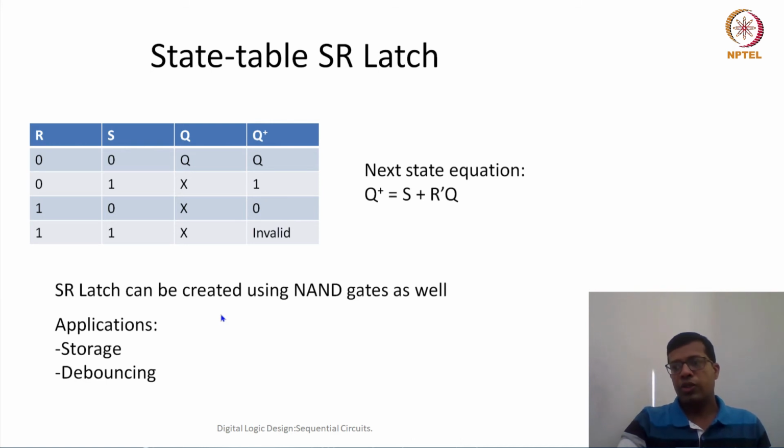We can design a switch such that if it is connected to R, although it can keep fluctuating, it will always give the output 0. But if it gets connected to S, then it will always give the output Q as 1. Whenever there is a fluctuation in the input, we handle it by debouncing, and for debouncing we can use these SR latches.